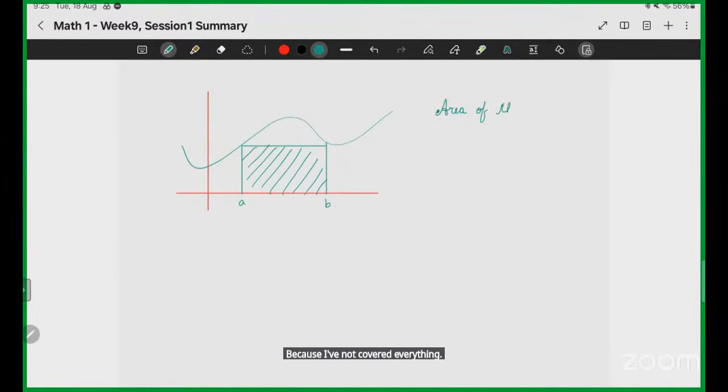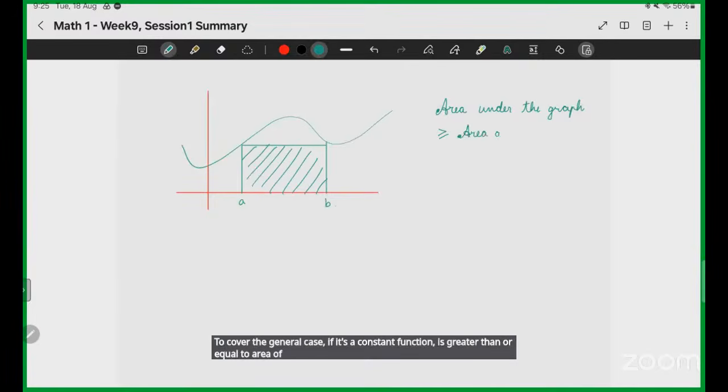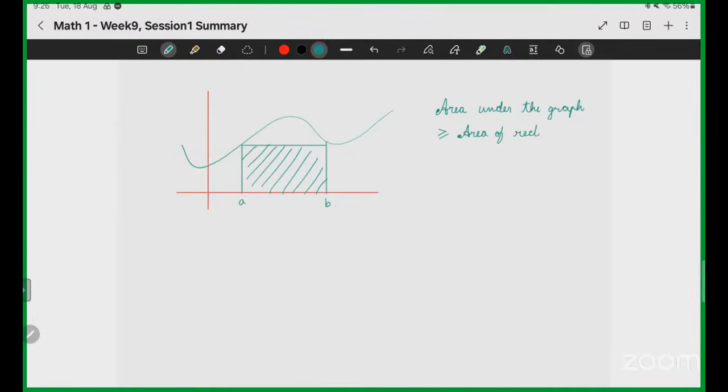So the area under the graph is greater than or equal to, I'll just write equal to cover the general case, if it's a constant function, the area of the shaded rectangle.